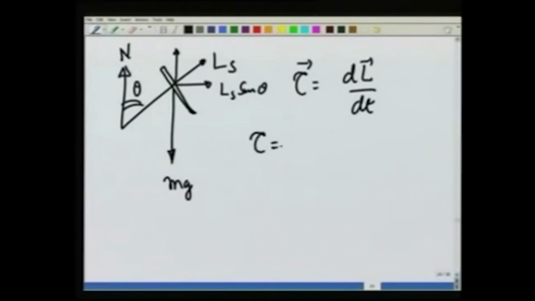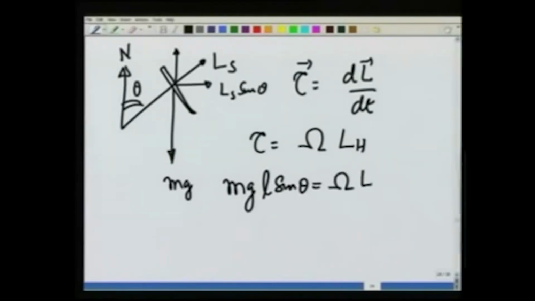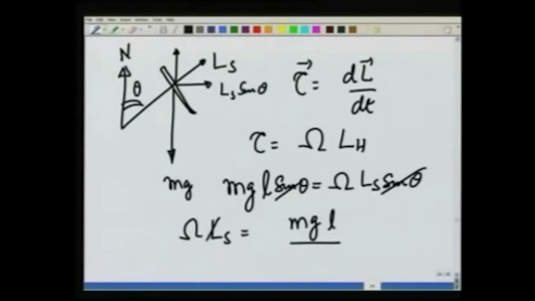So tau magnitude is going to be equal to capital omega, which is the rate of precession, times L horizontal, and this we calculated to be mg L sin theta, and this should be equal to omega L spin sin theta. Sin theta cancels, and therefore omega equals mgL divided by L spin, and that's your answer.